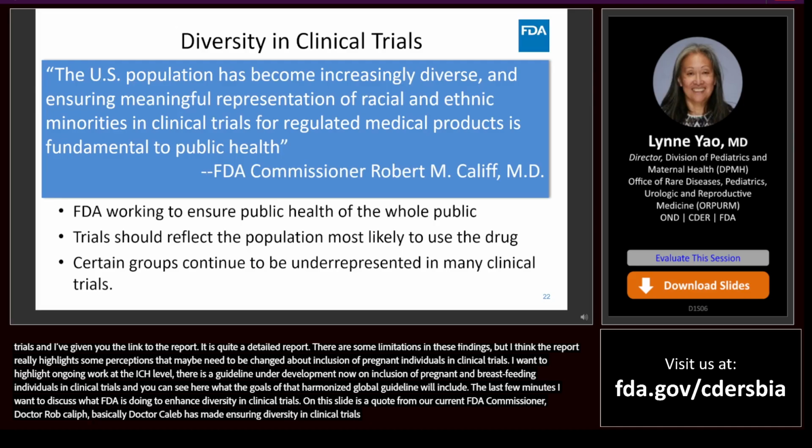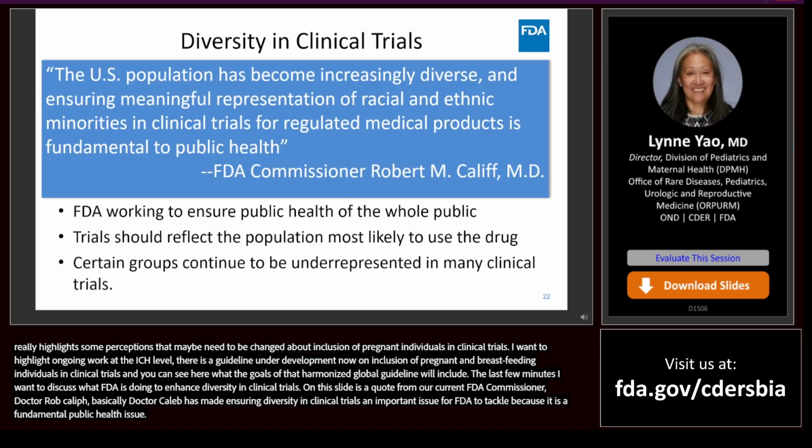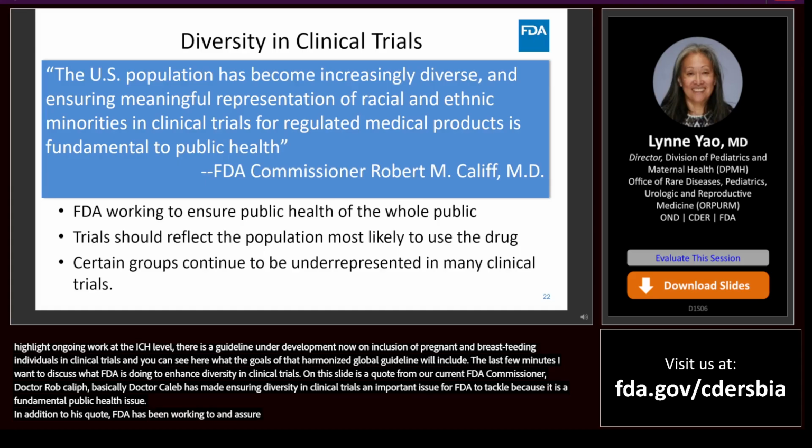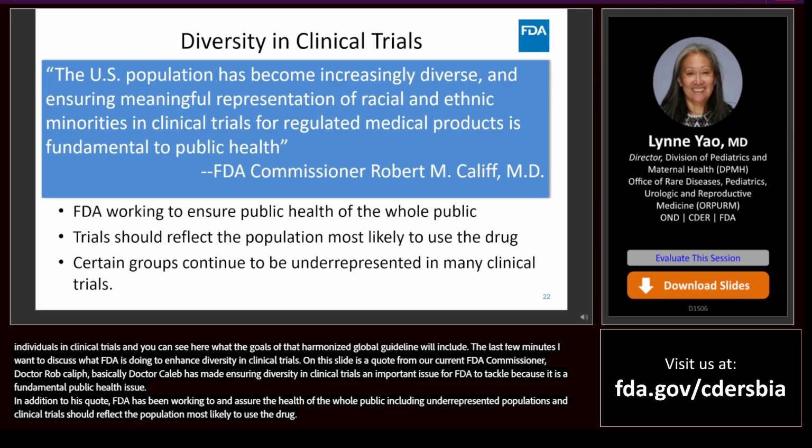In addition to his quote, FDA has been working to ensure the health of the whole public, including underrepresented populations, and that clinical trials should reflect the population that is most likely to use the drug.